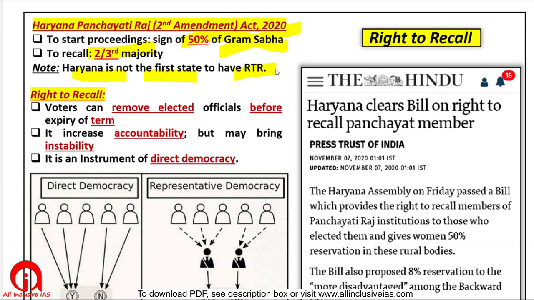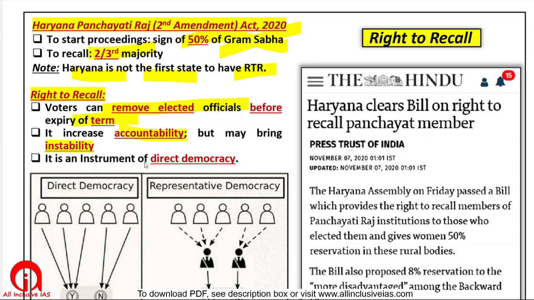That is not for MPs and MLAs. Now, right to recall simply means that before the term expires, you are calling back your elected representative. It will increase accountability, but it will bring instability.